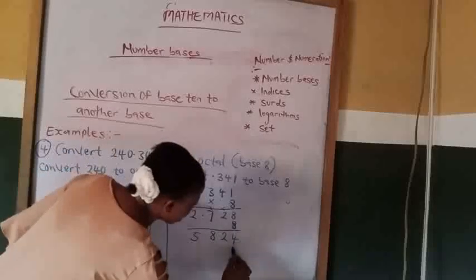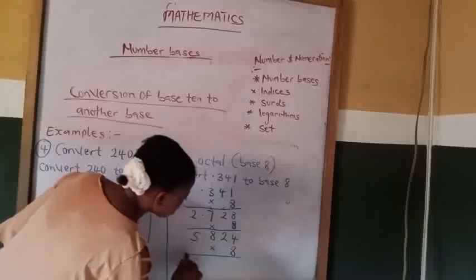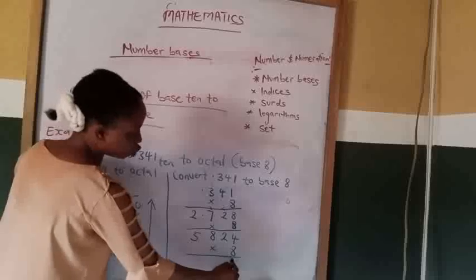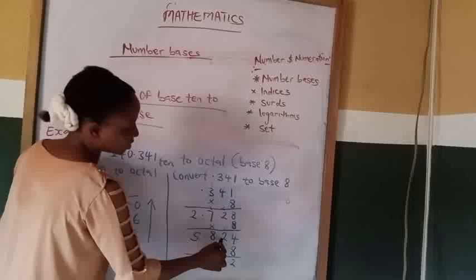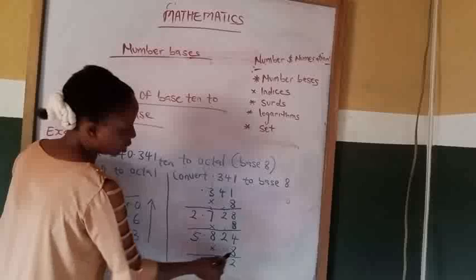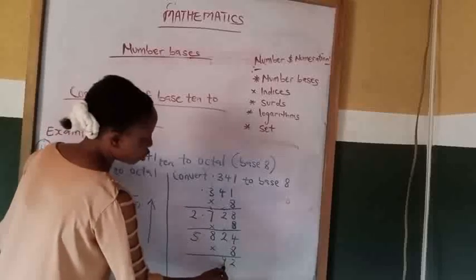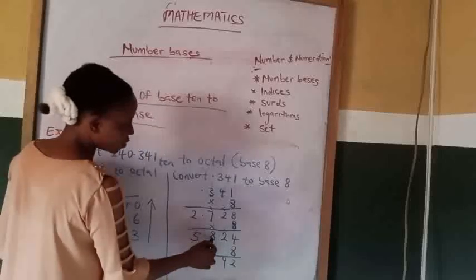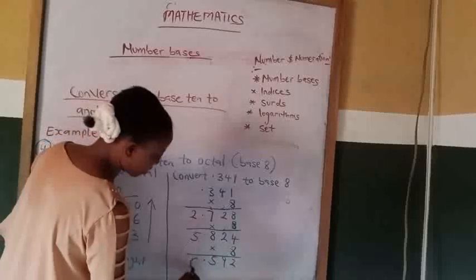So let's multiply by our base 8 again. 8 times 4 is 32, 2 carry 3. 8 times 2 is 16, 16 plus 3 is 19. 9 carry 1. 8 times 8 is 64, 64 plus 1 is 65. 5 carry 6.